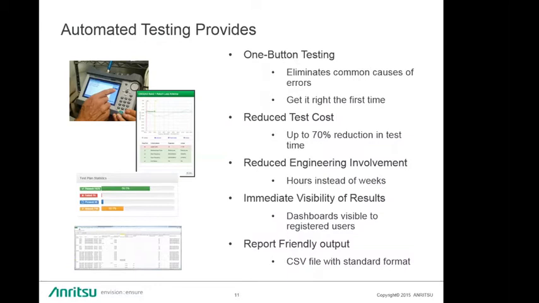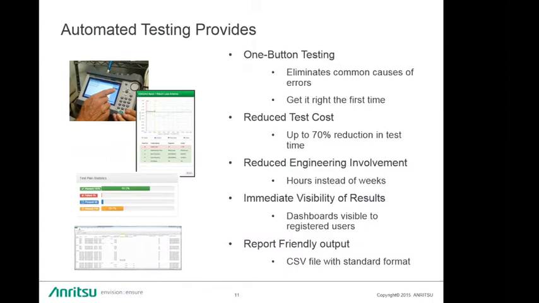This eliminates many of the common causes of errors and greatly reduces that error rate from 5, 10, 15% down to somewhere below 1%. The test time itself can go down by maybe 50%, maybe 70%, maybe even 90%, because the technician is no longer typing. He's no longer doing setups. He's no longer manually saving, okay?